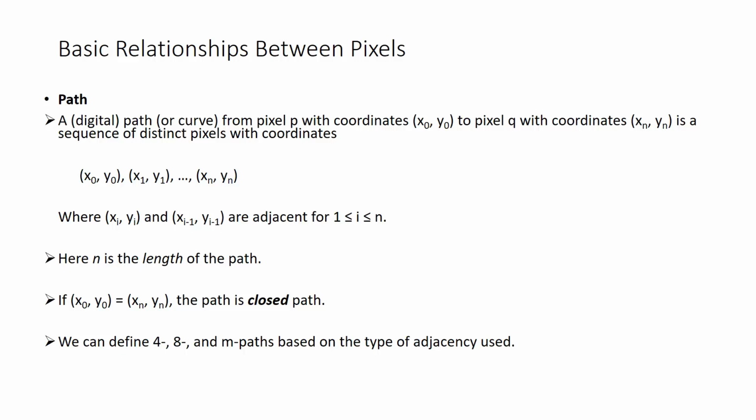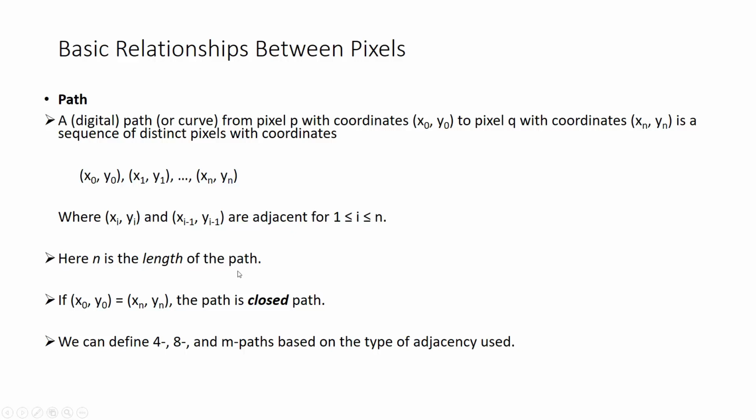Now there is also a path relationship between pixels. A digital path from pixel P with coordinates (x0, y0) to pixel Q with coordinates (xn, yn) is a sequence of distinct pixels with coordinates (x0, y0), (x1, y1), ..., (xn, yn), where (xi, yi) and (xi-1, yi-1) are adjacent for i from 1 to n.